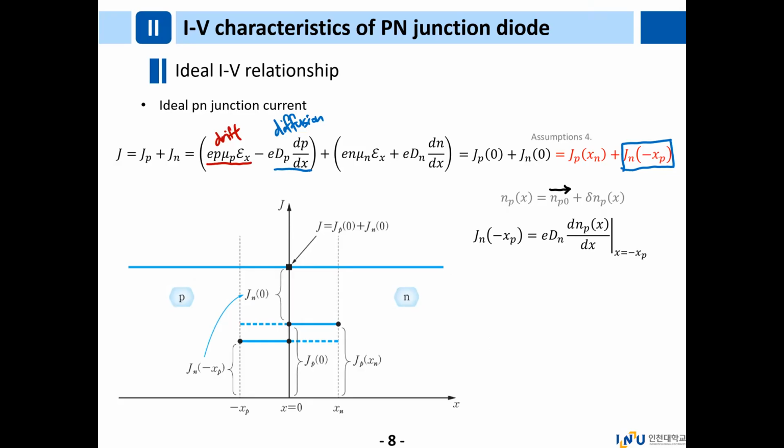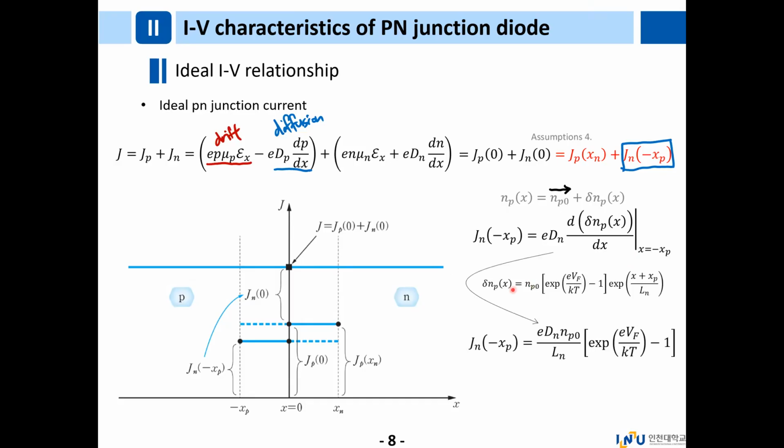So the expression looks like this. Substituting here the excess minority carrier equation from the previous slide, we get this result.